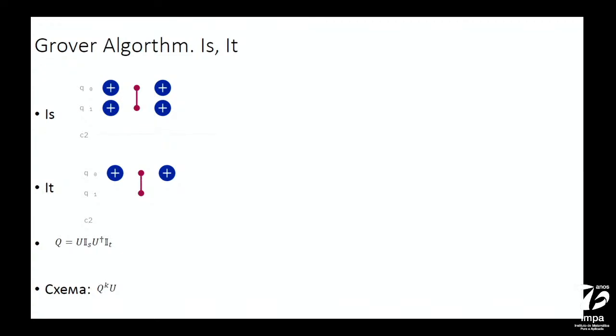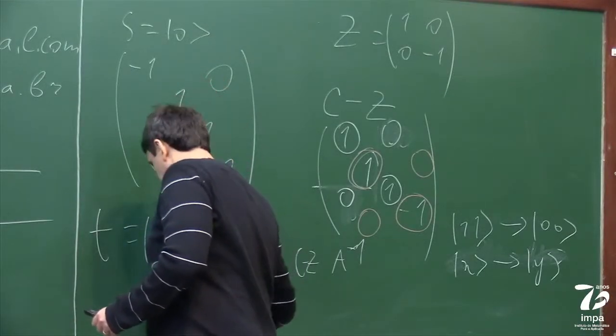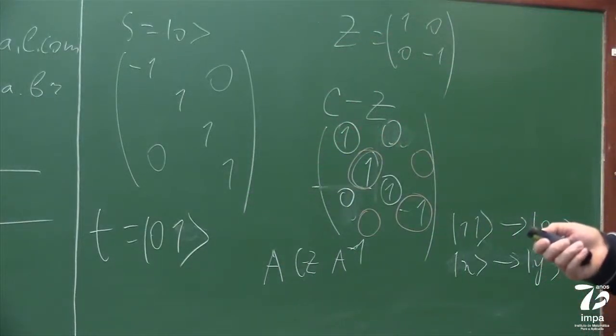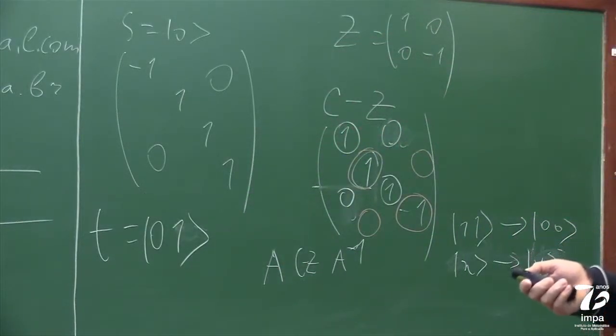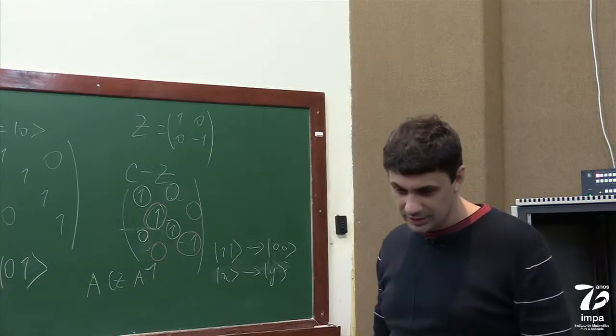Then, after I did this, Control Z is for 1, 1, and this I changed, so this is kind of t equal to 0, 1. Okay, U would be Hadamard operators, and so we have the scheme like this.